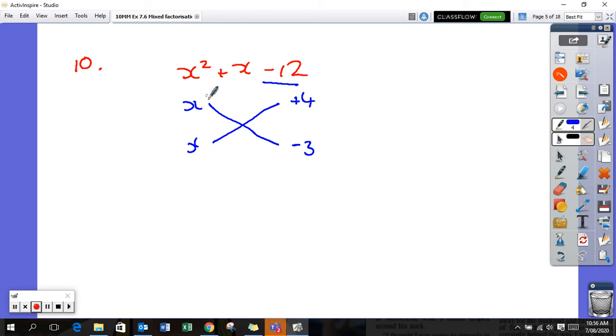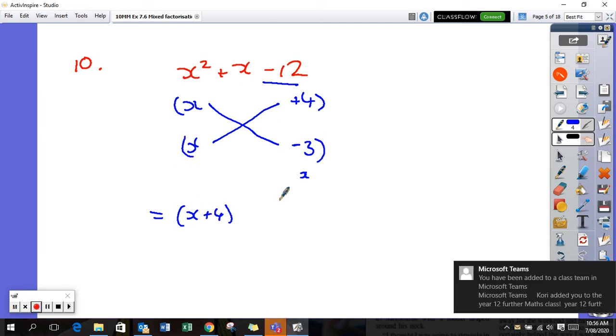That's 4x minus 3x gives us 1x. So now we just factorise, and we go across x plus 4 and across here x minus 3.